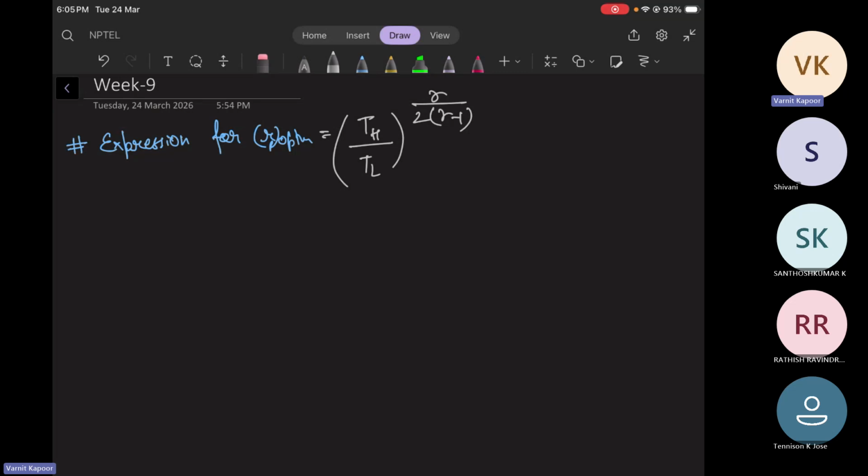Where T higher was the T3 and T lower was the T1 in the cycle. Now the question is, prove that maximum pressure ratio RP maximum is equal to optimum pressure ratio square. Let us see how we can do that.